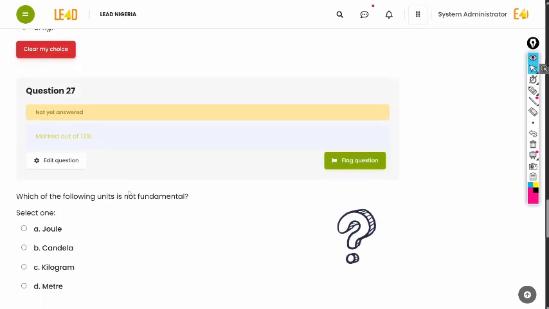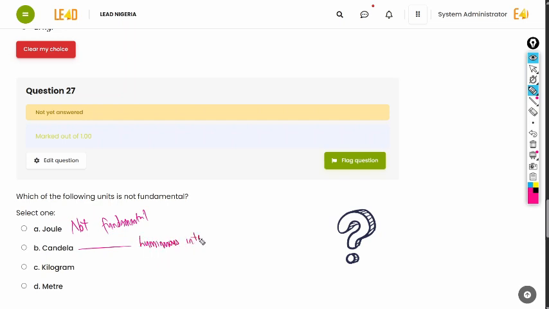27 says which of the following is not fundamental? Again, you need to learn your fundamentals so that you can tell which one is not fundamental. I think there are just about 7 or 8 of them. The one that is not fundamental here is joules, the unit for work. Candela is luminous intensity, which is fundamental.